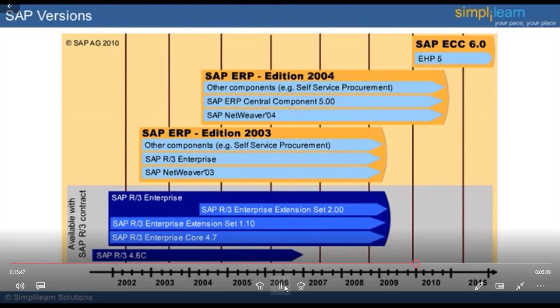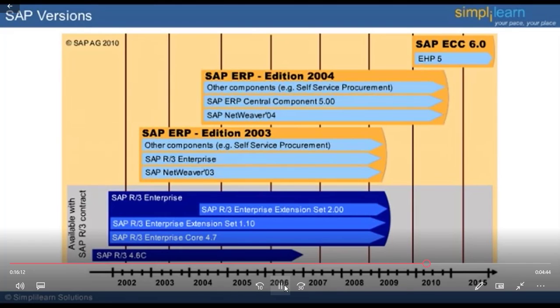The different versions of SAP and their release dates are SAP R3 Release 1.0A, release date 6th of July 1992. SAP R3 Release 2.0 2.1, released 1993.